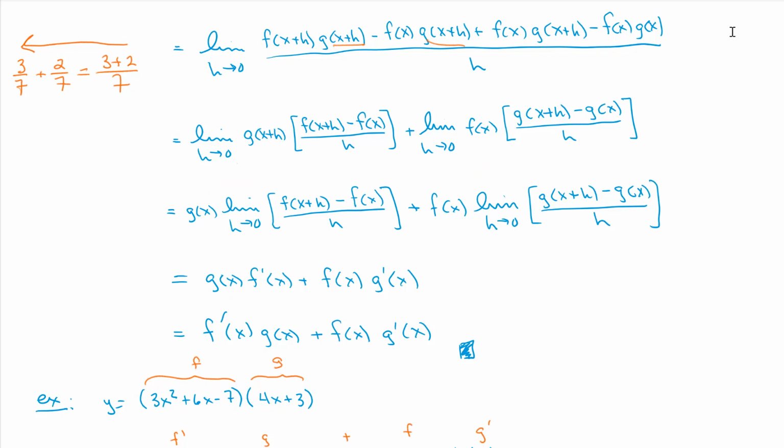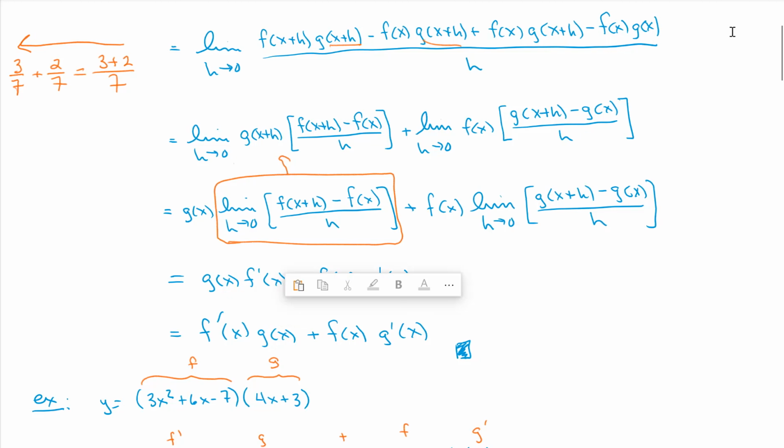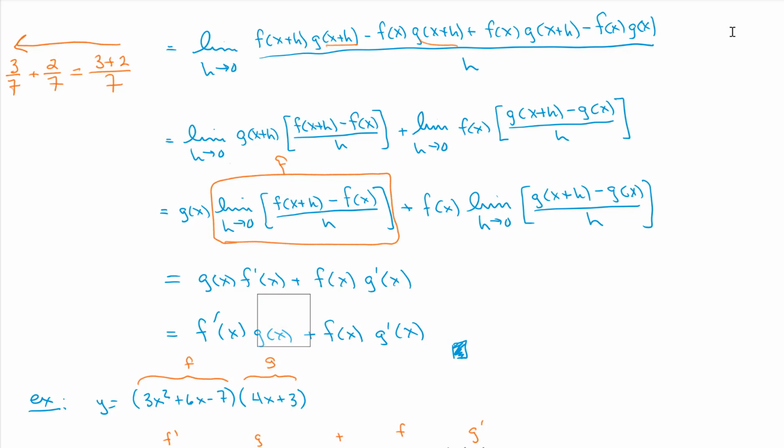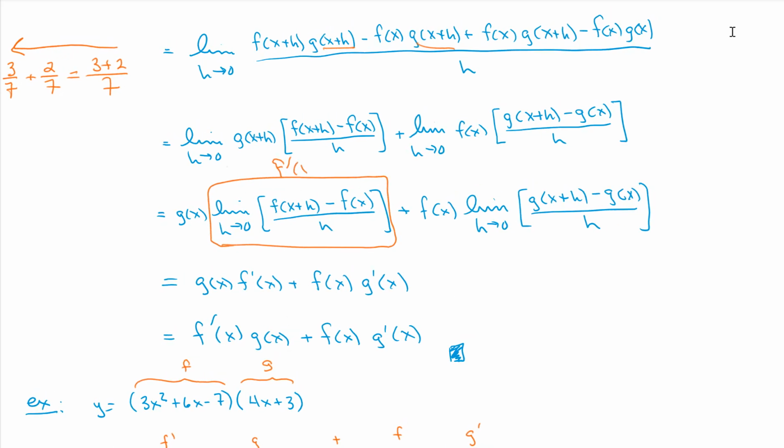Now, if you take a look at this whole piece, this limit of this difference quotient, this whole thing by definition is f prime of x. Similarly, looking in the second term, this limit of this difference quotient is by definition g prime of x.